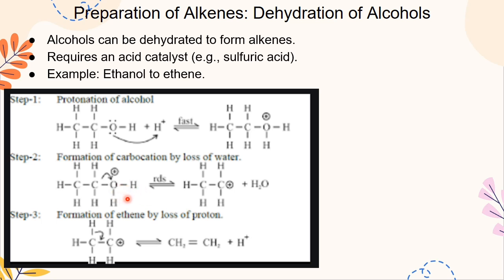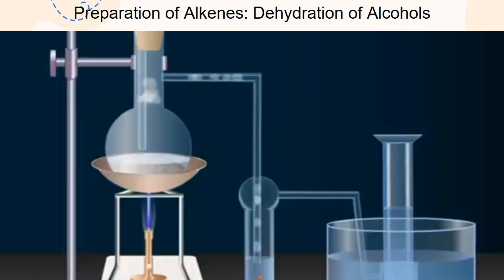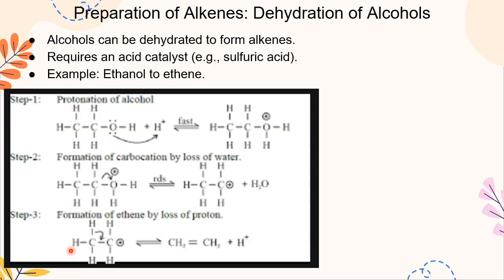So this water is lost from this compound here, as you can see. Then finally, formation of ethene by loss of proton. So eventually there is going to be loss of one hydrogen atom from the compound we have here.